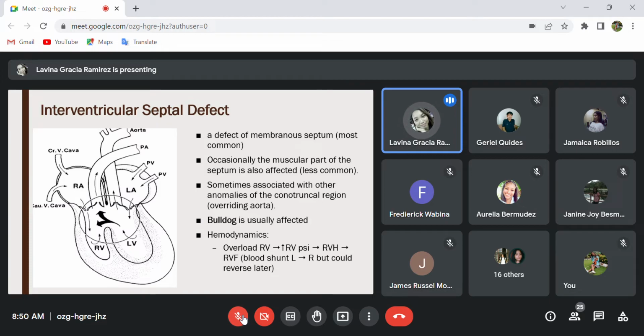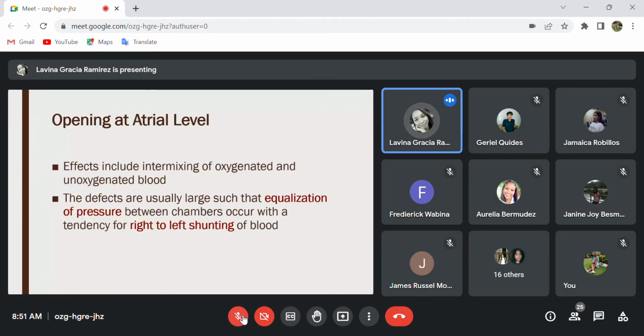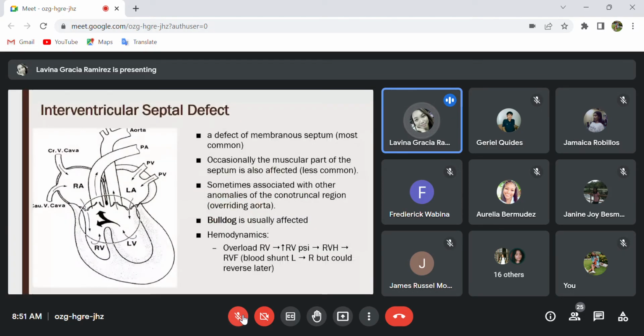So next is the opening at the atrial level. So the defects are usually large that chambers occur with a tendency of right to left shunting. Okay, for the interventricular valve, there is no chance for a reversal, parang intermixing.